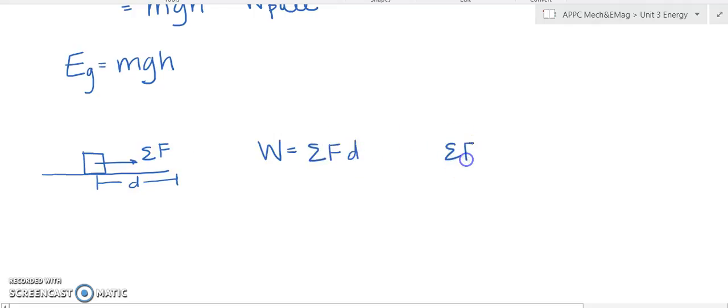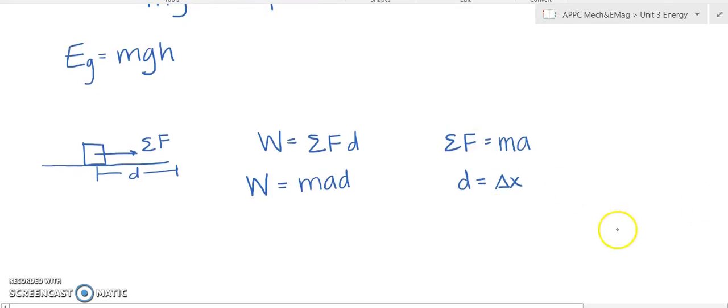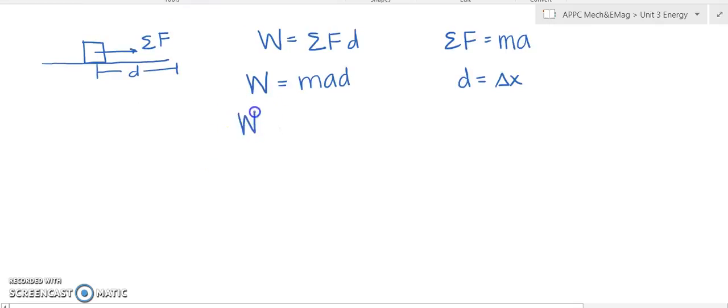But net force is equal to the mass of the object times its acceleration. So then the net work would be equal to ma times d. Well, a lot of times d is delta x if we're looking at a horizontal change there. And so work is equal to ma times delta x.